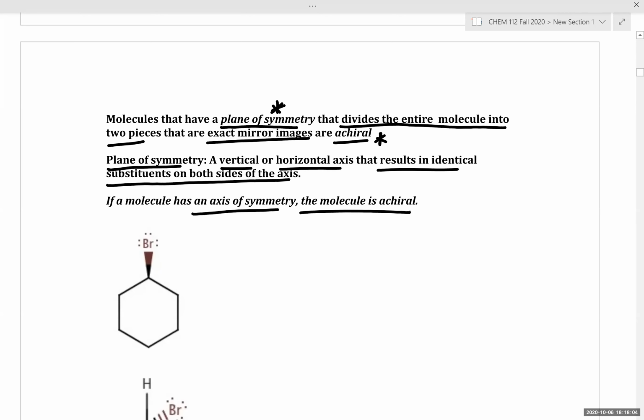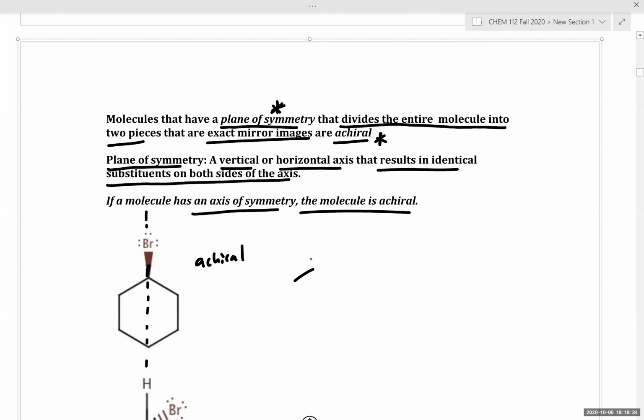So let's take a look at some achiral molecules. In this first structure, we have a bromine with a wedge. And as we notice, we can cleanly bisect this molecule into two pieces which are identical on each side of our plane of symmetry. So as a result, this molecule is achiral.